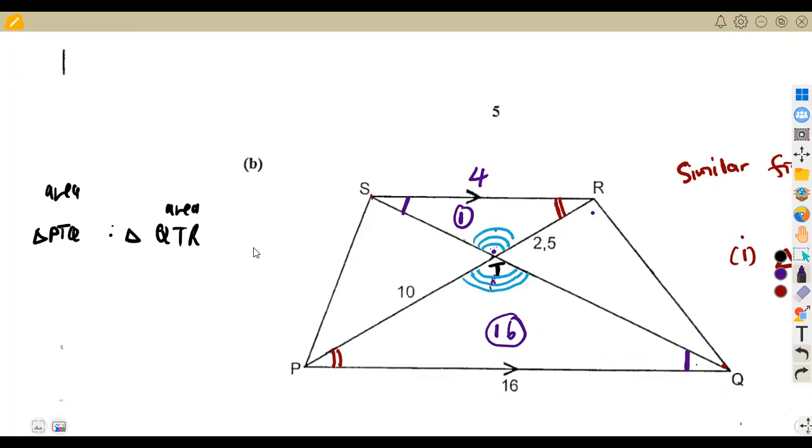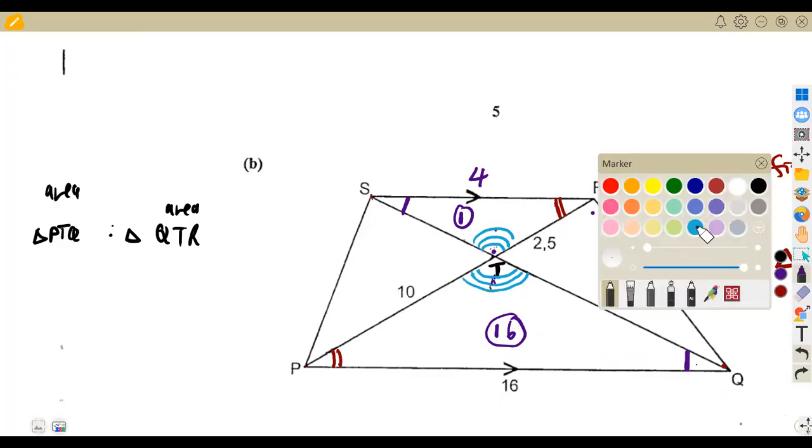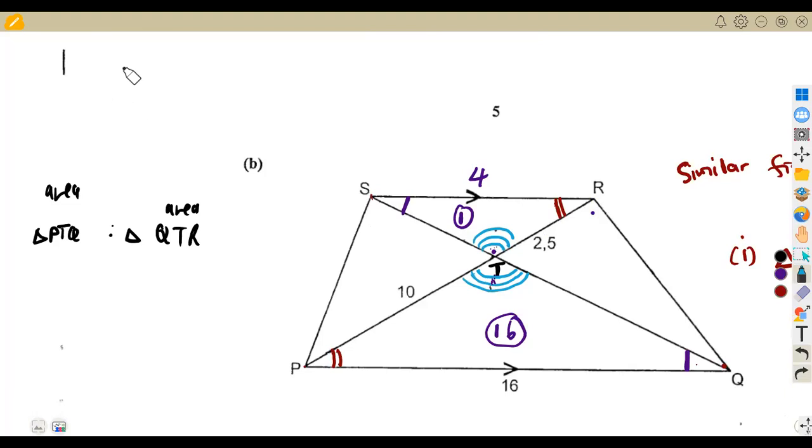What is left is this condition. If the two triangles are not similar, because we said similar figures are equiangular, you check for this last consideration: whether the two triangles are on the same base and having the same height. They are sharing the same height. If they do so, you are going to use the concept that the ratio of sides becomes the ratio of areas.